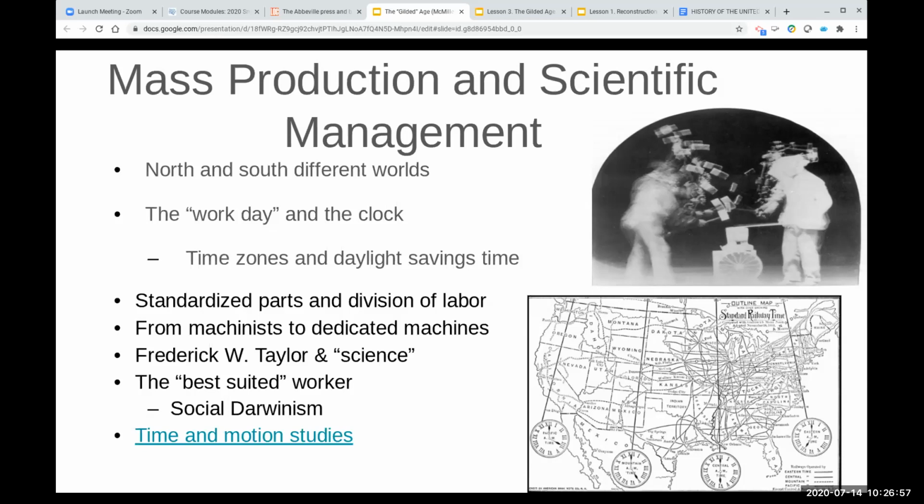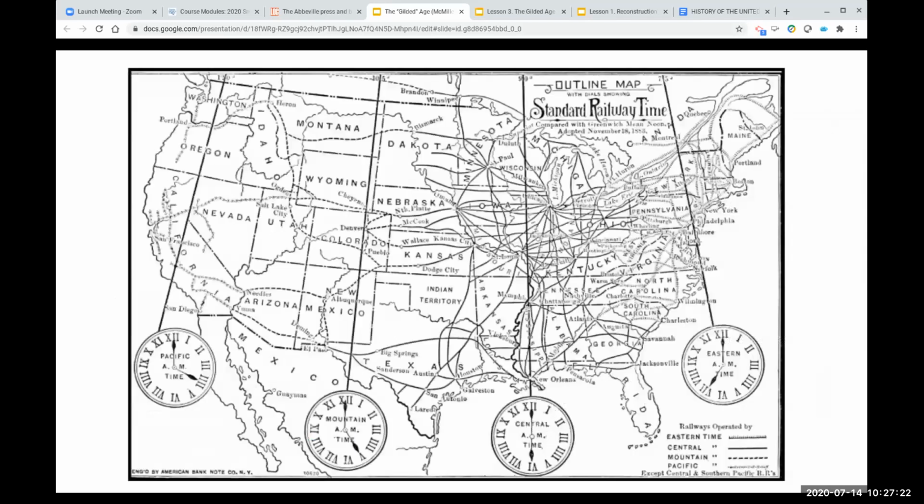You have a managerial class which sits between the owners of the factory and the workers down below, and they're the ones that manage the factory through these quote unquote scientific principles. Well, there's a lot of problems with this. The idea is efficiency, but what really gets worked into this is something called social Darwinism.